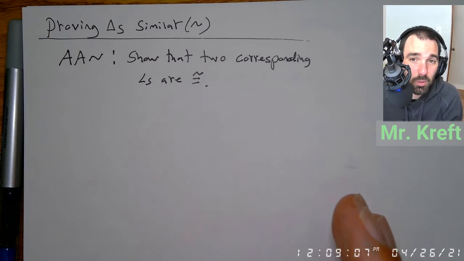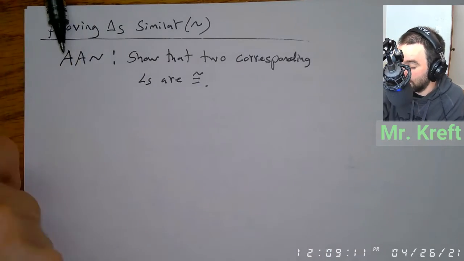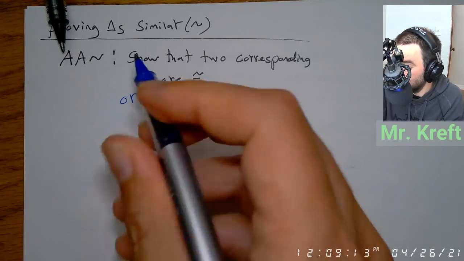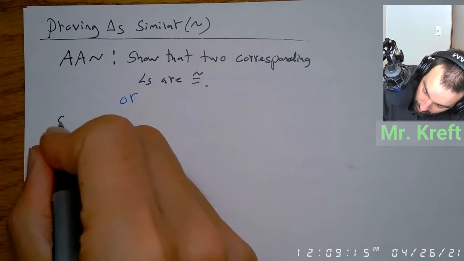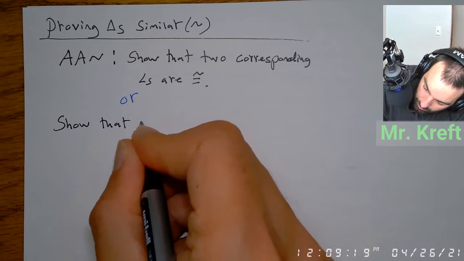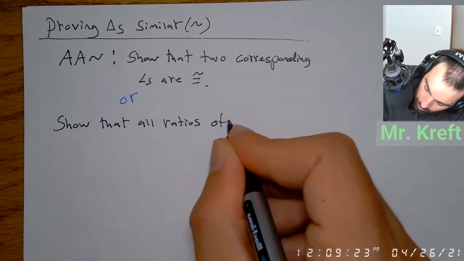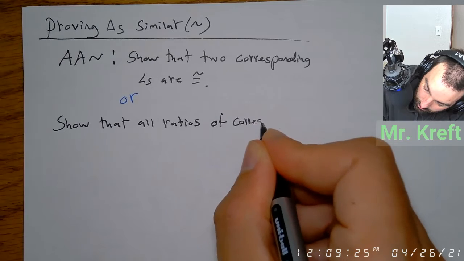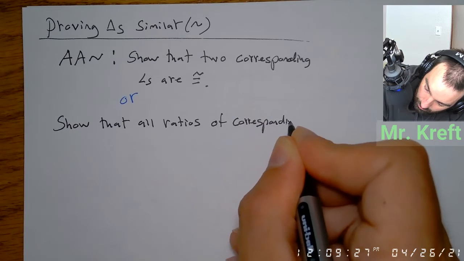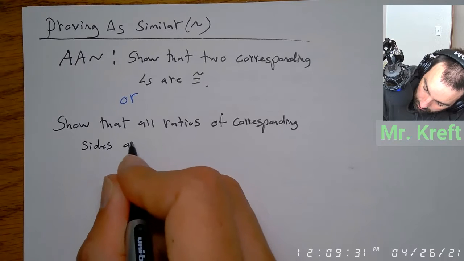Now, technically, there is one other one: show that all ratios of corresponding sides are the same.